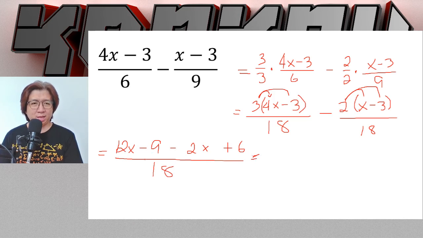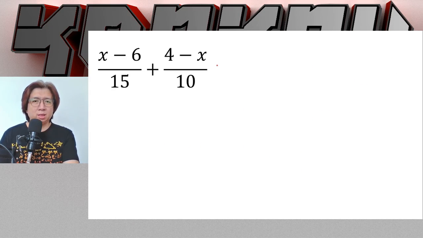So we have 12x minus 2x is 10x. And then negative 9 plus 6 is negative 3 all over 18. Next.